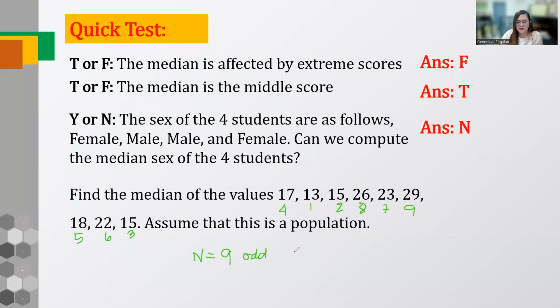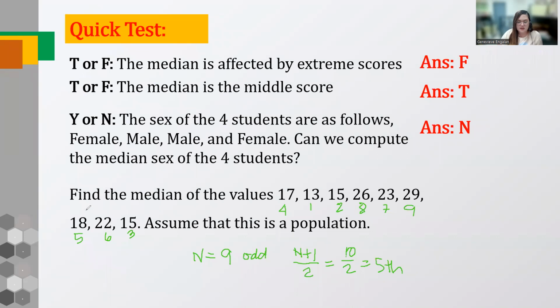So what we will get is n plus 1 over 2. So you have 10 over 2, that is the fifth value, 5. Okay, so what is the fifth value? 23, ma'am?